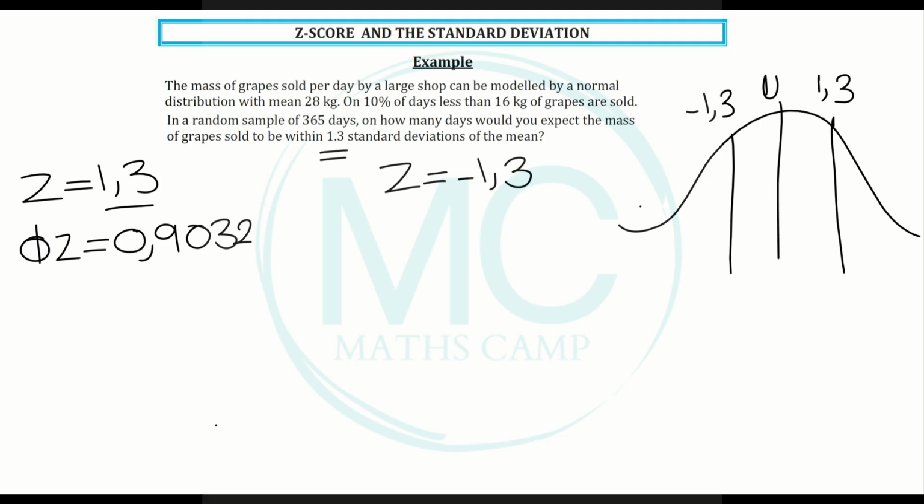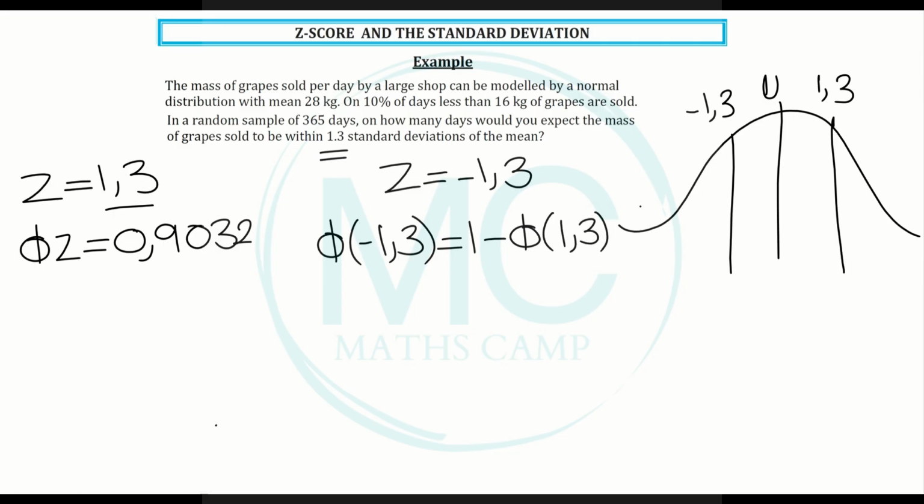Now I need to find the probability that z is negative 1,3. But because it's negative, I have to subtract the probability from 1. So I can say the probability that z is negative 1,3 is equal to 1 minus the probability that z is positive 1,3.